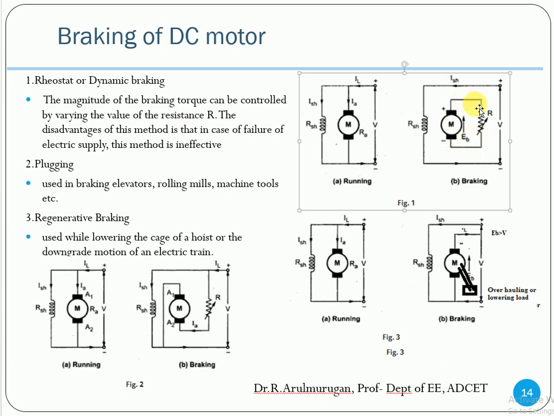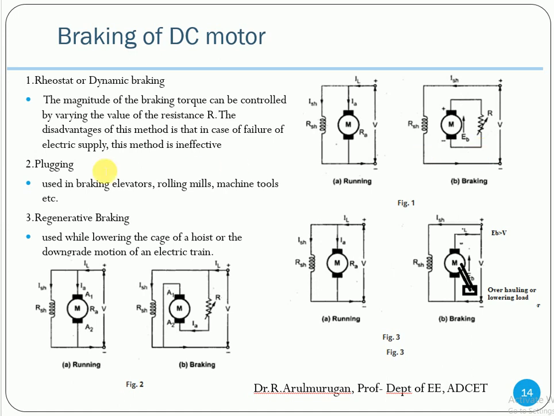Then slowly it comes to braking. So the rheostat is connected across the armature winding whenever you want to brake, and then you return to normal operation. That is called the rheostat or dynamic braking system.